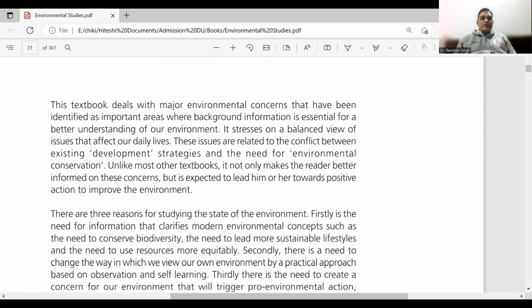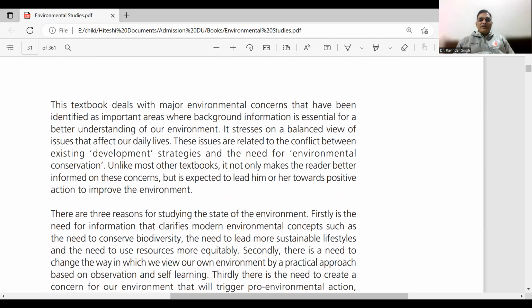This textbook deals with major environmental concerns that have been identified as important areas where background information is essential for a better understanding of our environment. It stresses a balanced view of issues that affect our daily lives.